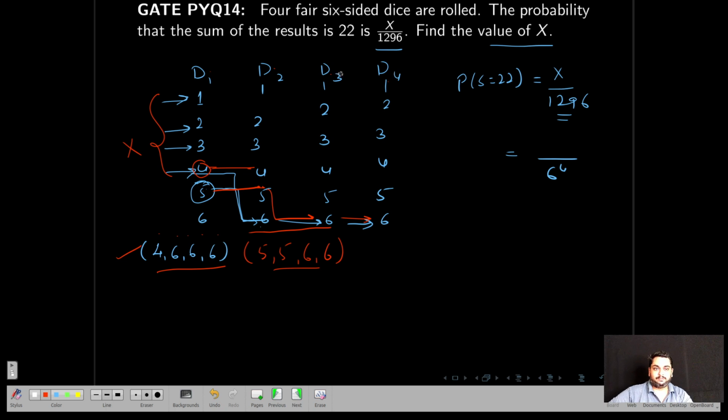It can be from D1 also, it can be from D4 also. This can be D4, this can be D1. Any possible combination is possible. So now you find out how many ways I can arrange this. I can arrange them in 4 factorial ways, because there are 4 numbers, divided by, for this combination, 4 factorial divided by, 5 is repeated 2 times, 2 factorial, 6 is repeated 2 times, 2 factorial.